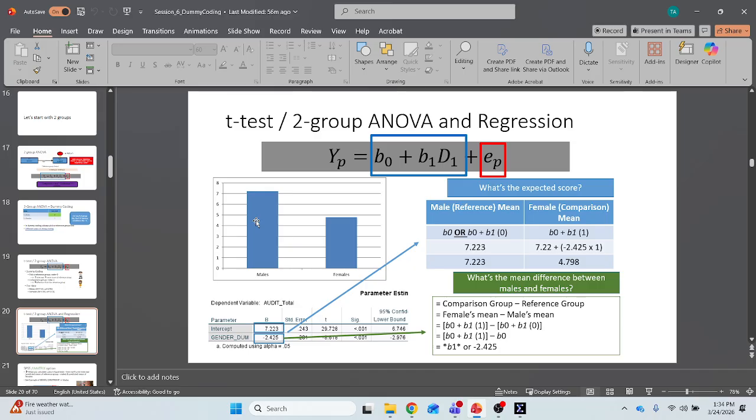So if you flip that on, then that becomes 1. So that becomes 7.223 plus negative 2.425 times 1. Anything multiplied by 1 is what? Itself. So 7.22 minus 2.425, you end up with this one.